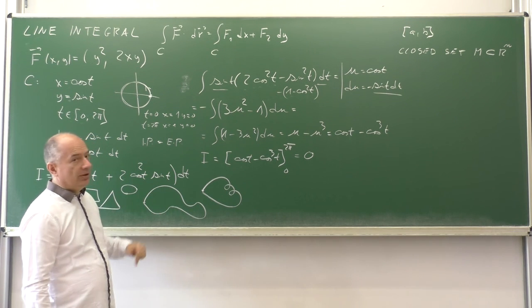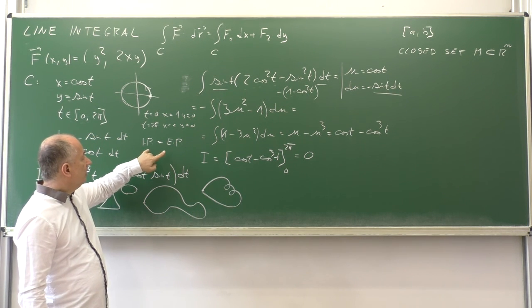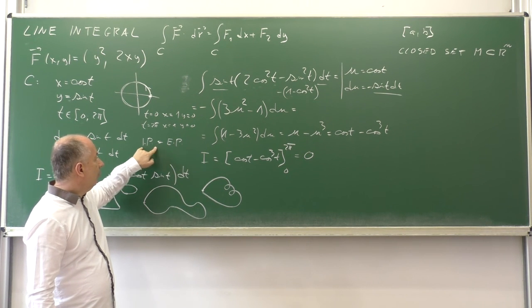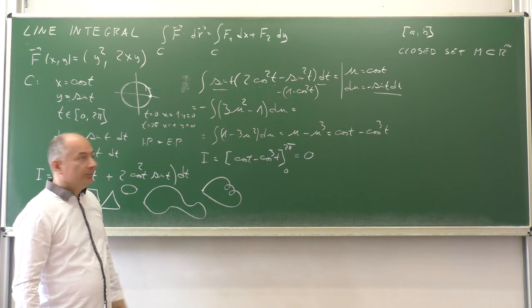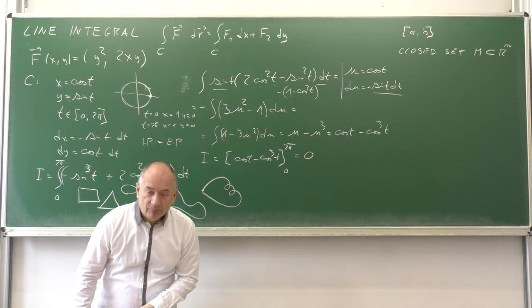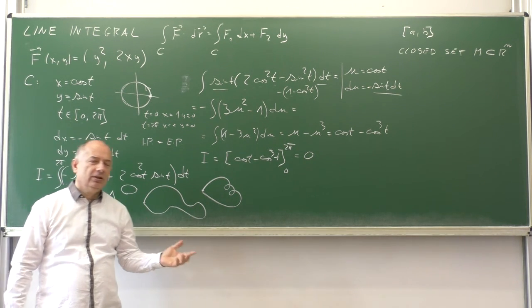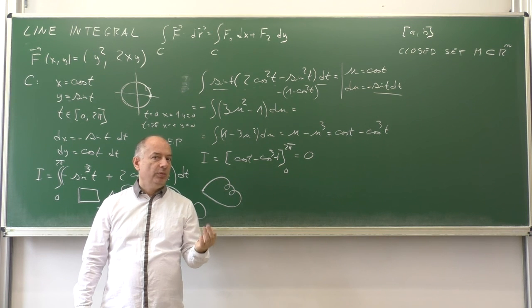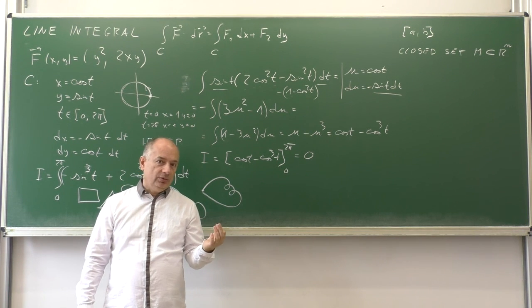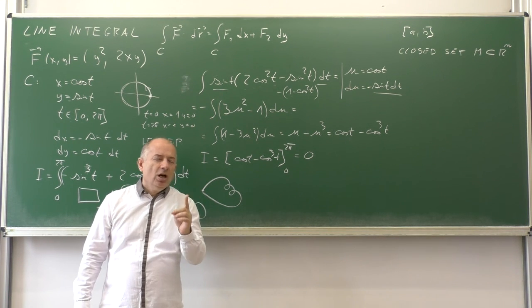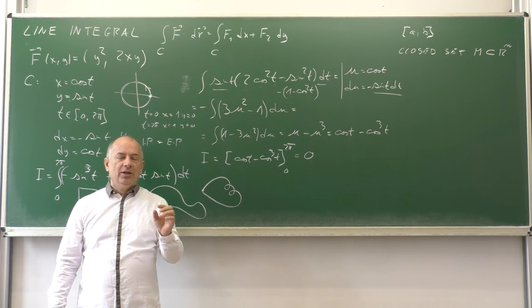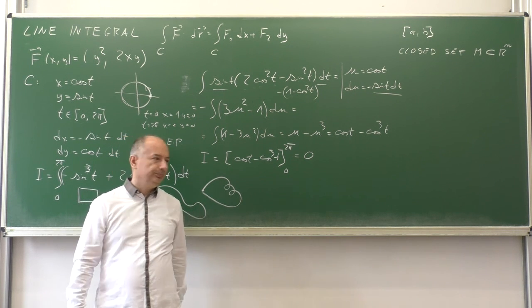Because if the field is conservative, then the integral is equal to the difference of the potential at the endpoint minus the initial point. And if the points are the same, then independently of how difficult or easy the potential is to evaluate, the difference will be exactly 0. Even in case we don't know the form of the potential. Just the existence of the potential is completely enough and we are happy.